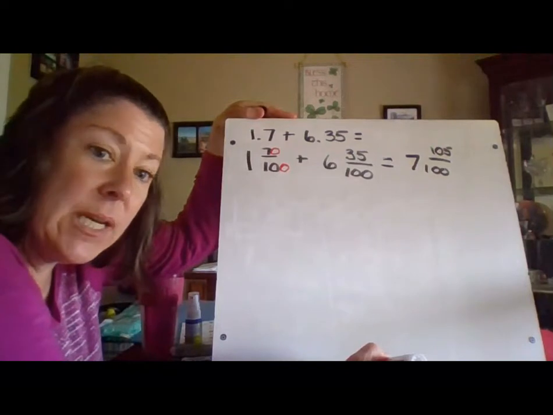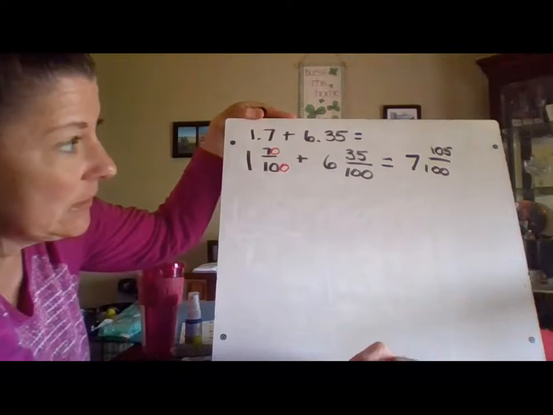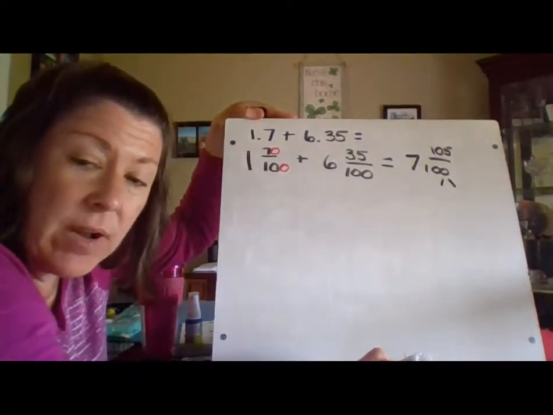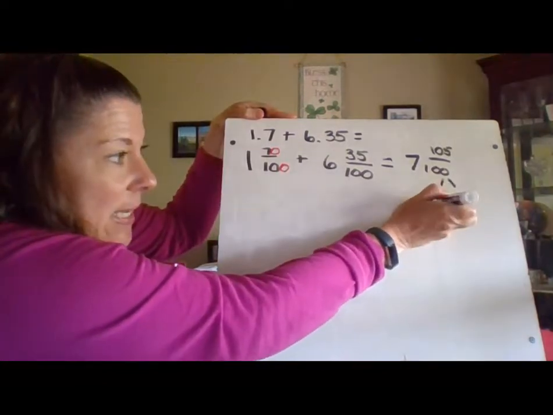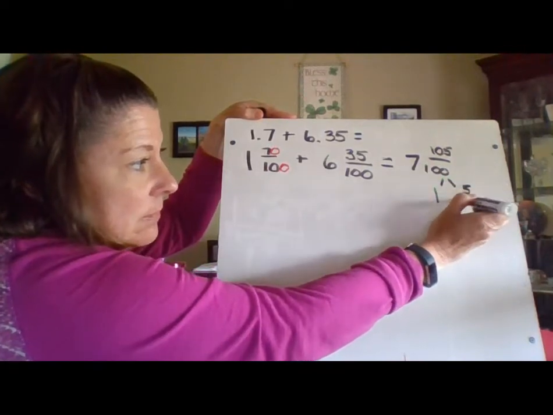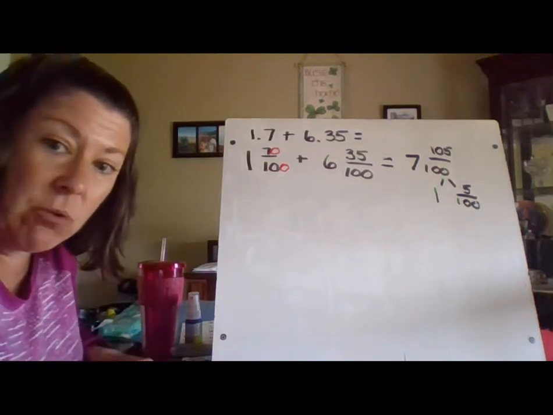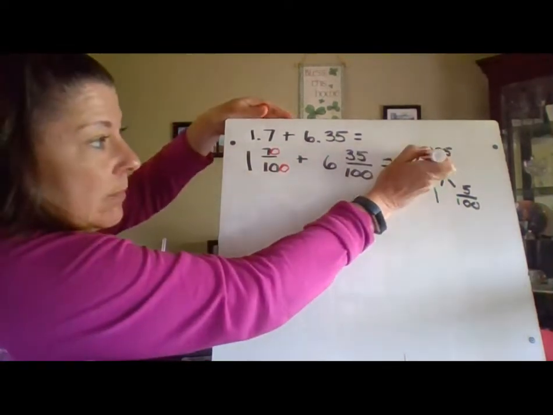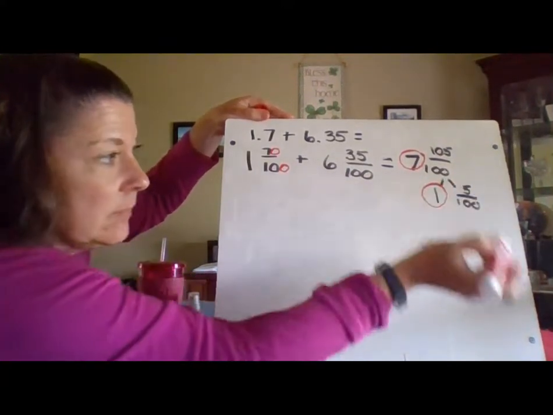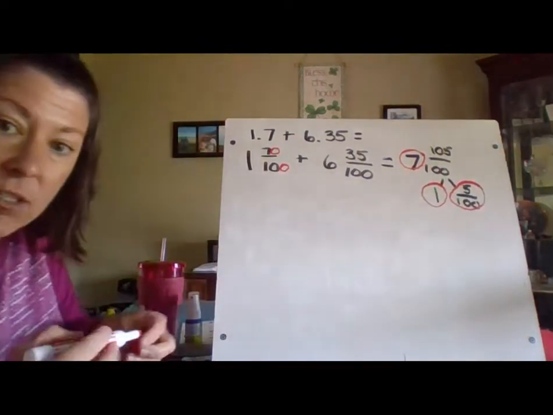So I end up with an improper fraction, and I don't want to leave it like that. I know that 105 hundredths is 1 and 5/100ths. So now what I have is the 7, another 1, and the 5/100ths.